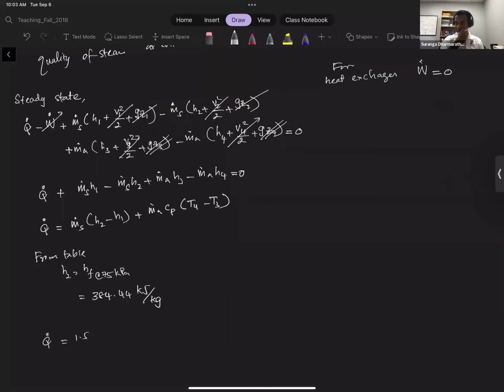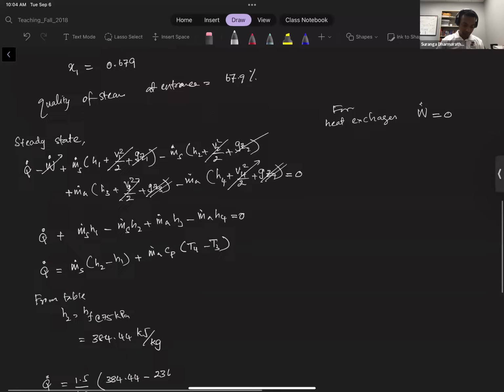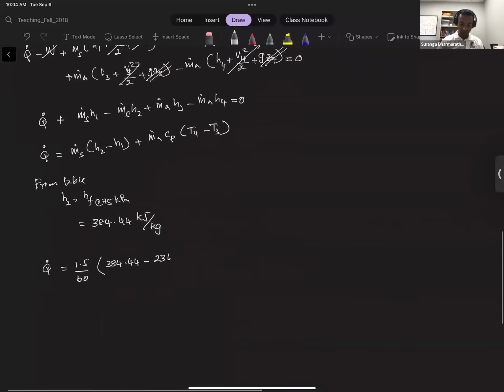For seconds, 1 minute is equal to 60 seconds, so we have to divide this by 60. h2 is 384.44 minus 2431.6, that's h1 of steam, plus m dot air is 100 times 1.005 for Cp, and then t3, t4 is 60 and this is 30.